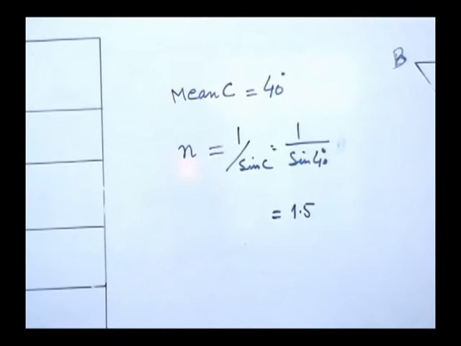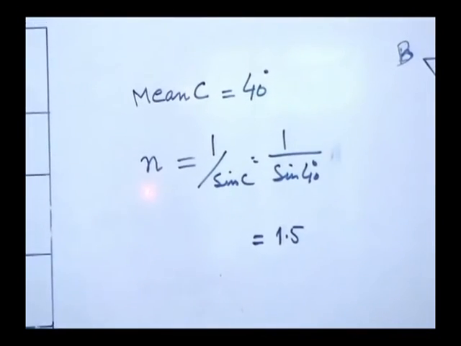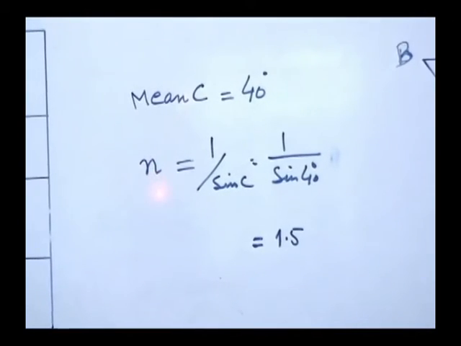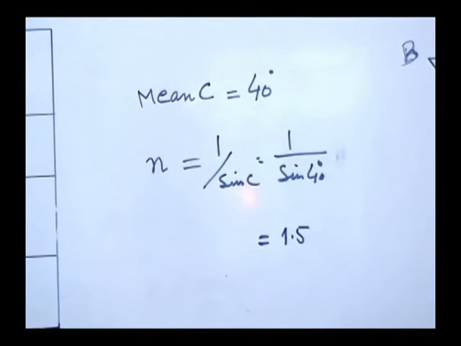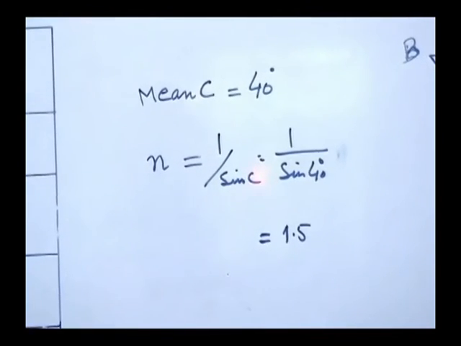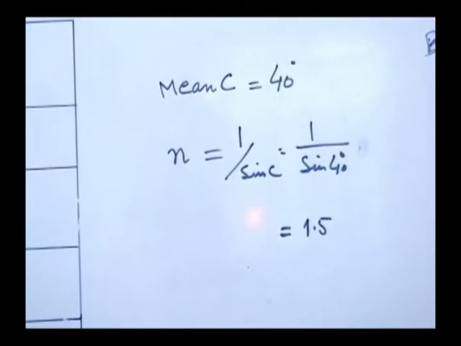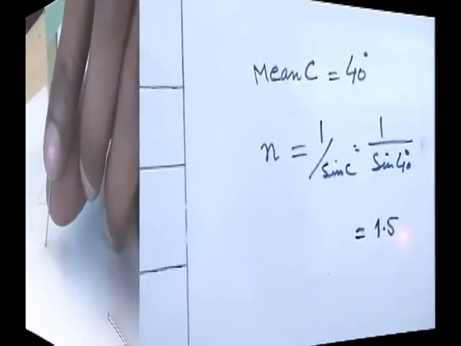Since we want to find the refractive index of the material of the prism, the formula is n, the refractive index, is equal to 1 over sine of the critical angle, which is 1 over sine 40, and we get the refractive index of glass equal to 1.5.